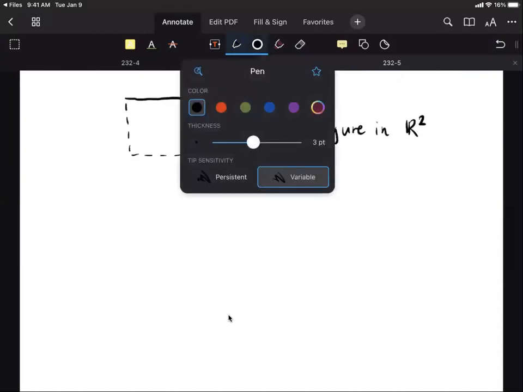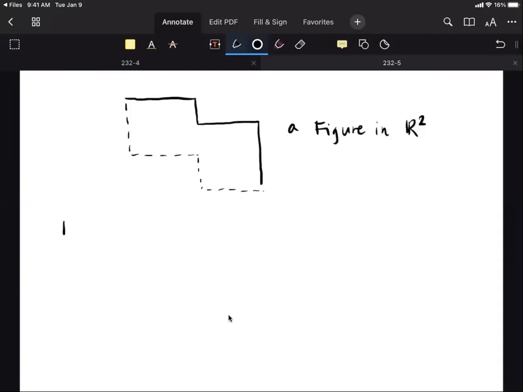Now, according to Hans' theorem, we could generate the premeasure, which we simply denote by kappa n, on the ring of figures. And this is also a content.